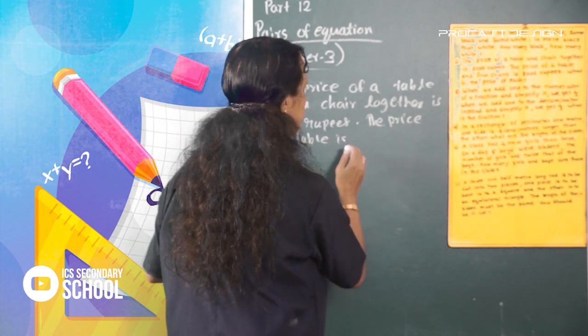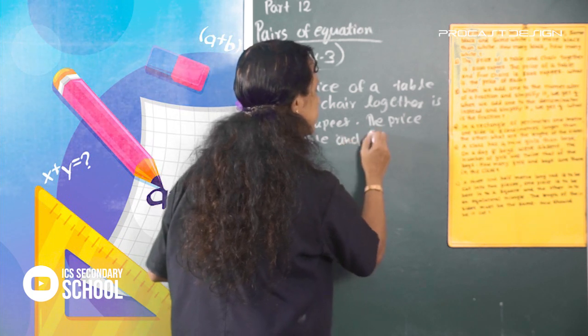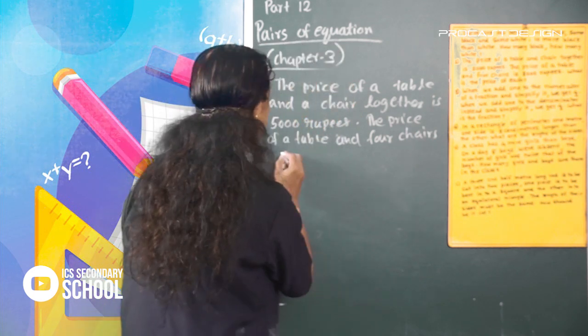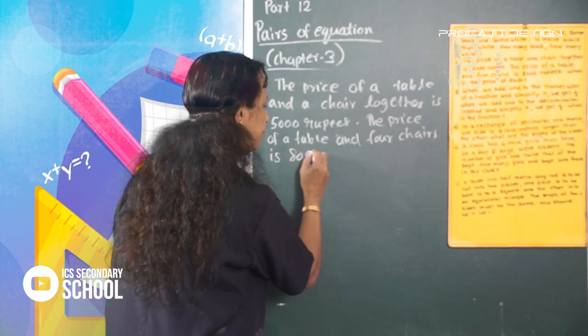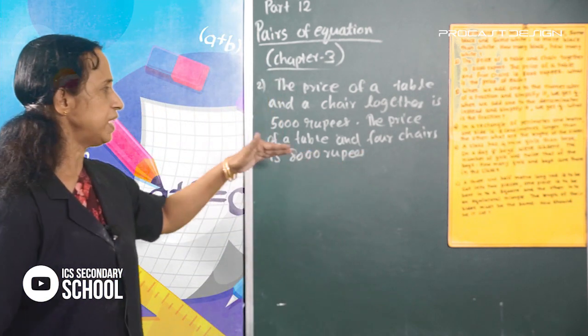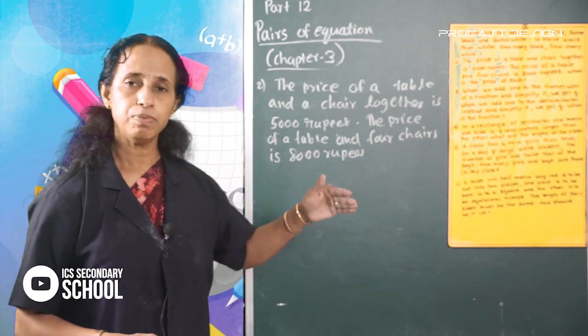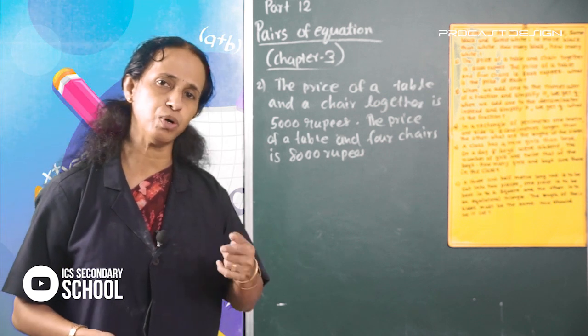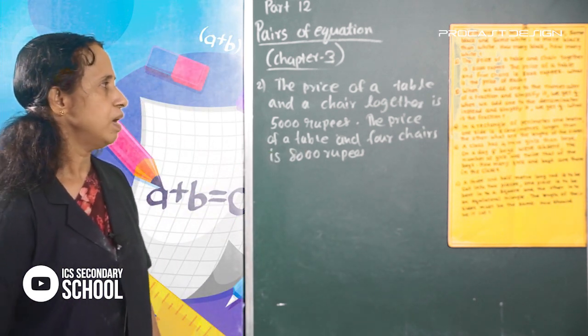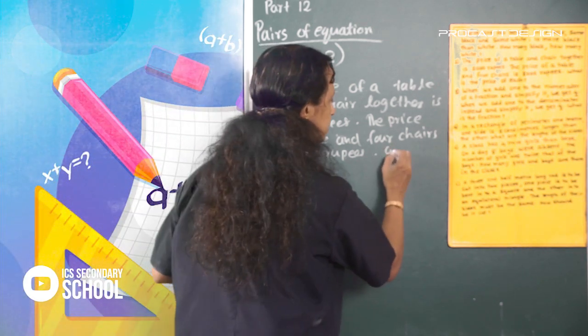The price of a table and 4 chairs together is 8,000 rupees. What is the price of each?